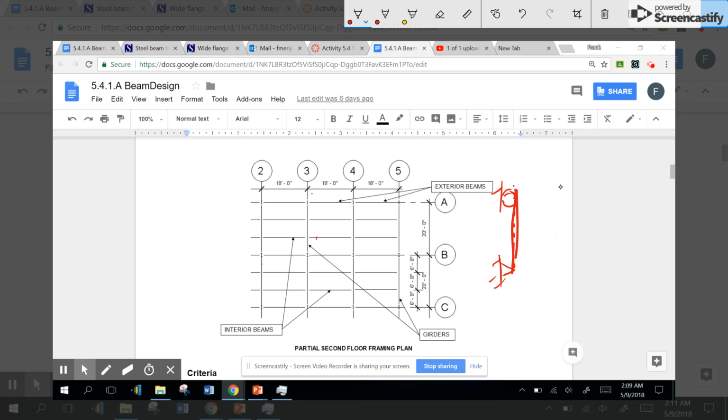the columns. Okay. What it's going to experience is 2 point loads. Those point loads are the magnitude of the reactions. So I know I'm drawing it backwards, but that's actually how it'd be.